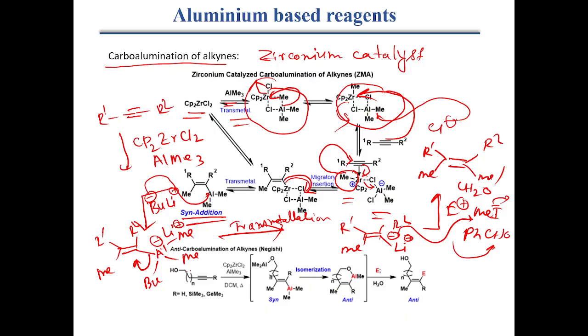So if the aluminium or the alkyl has some coordinating agent, in these cases this alcohol, the aluminium will coordinate with the alcohol. In these cases we are observing the cis product, right?